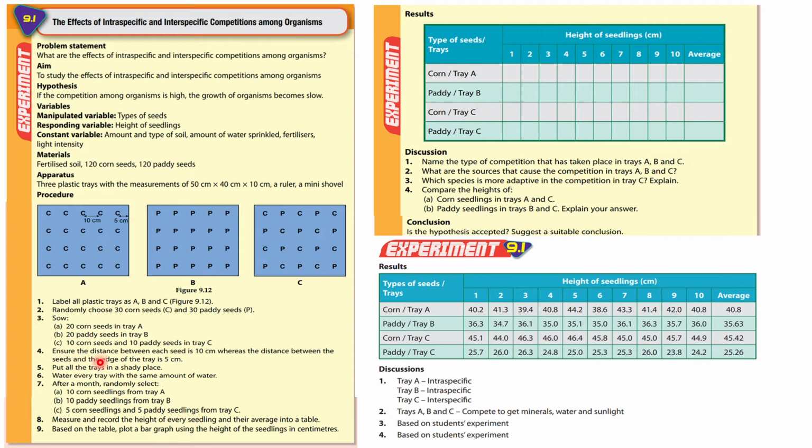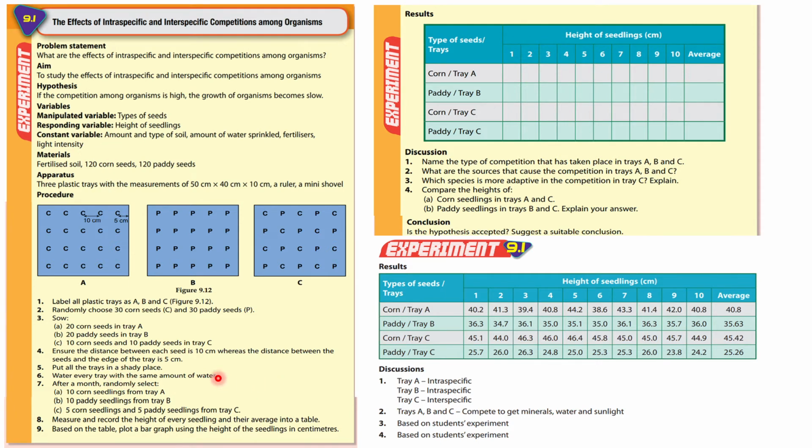And we are to ensure that the distance between each seed is 10 cm, whereas the distance between the seeds and the edge of the tray is 5 cm. We have to put all the trays in shady places, and water every tray with the same amount of water. Remember, these are under the constant variables. So we have to ensure that these factors are fixed.